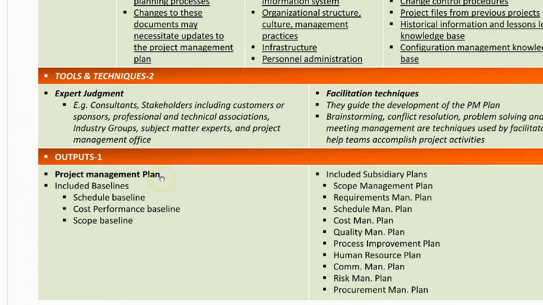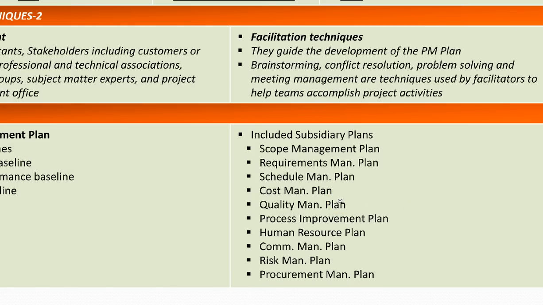Now, the project management plan even includes subsidiary plans, which are the scope management plan, requirements management plan, schedule management plan, cost management plan, quality management plan, process improvement plan as to how we are going to improve the process, human resource plan, communications management plan, risk management plan, and procurement management plan.